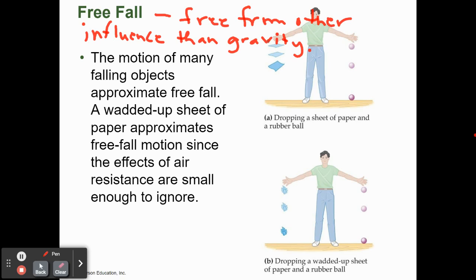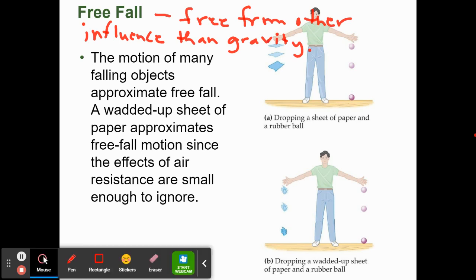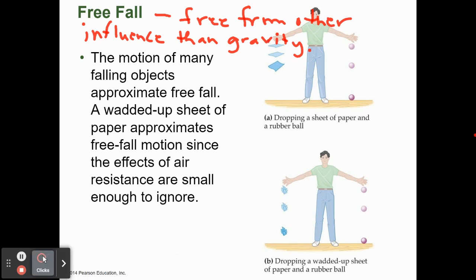So it does not depend on the object's mass. It does not depend on what the object is. It does not depend on anything other than gravity. Okay? So that is important to remember because it's not always what we see.